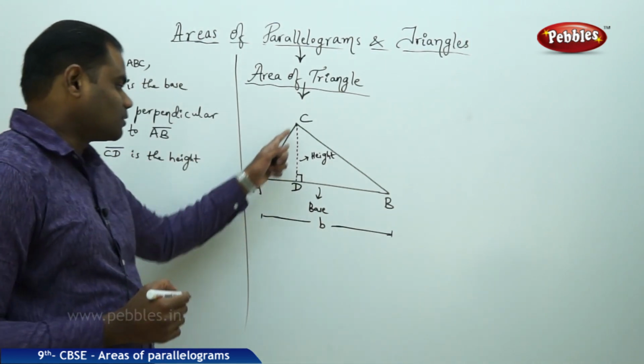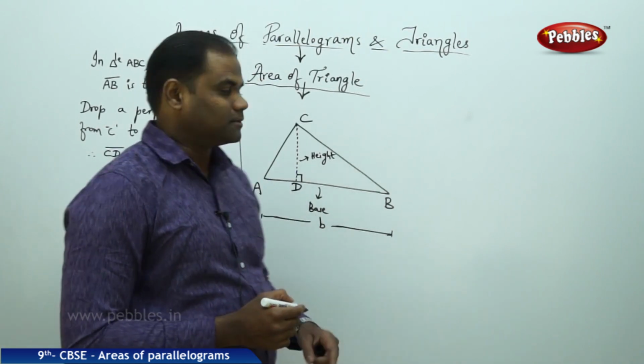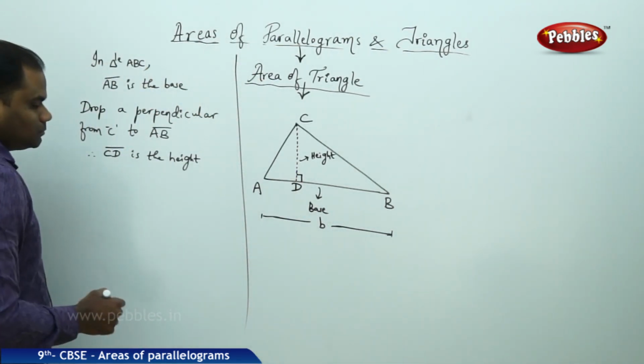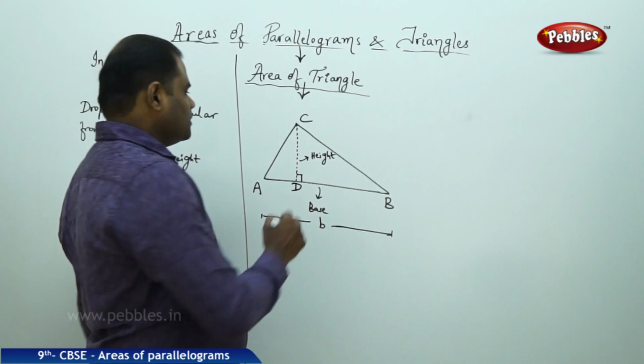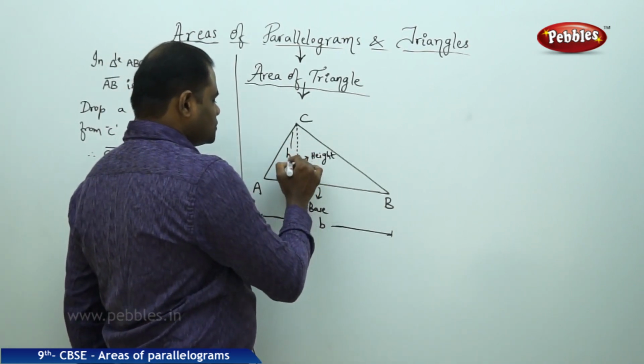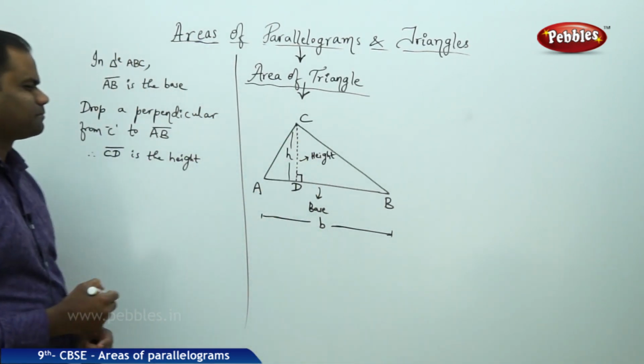It is the height or the altitude of the triangle ABC. So I have the base, which is denoted by B, and my height, which is denoted by H.